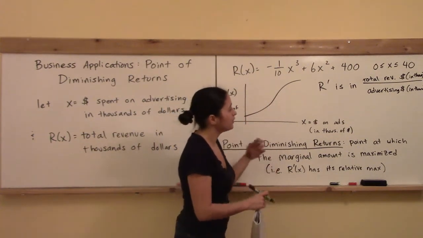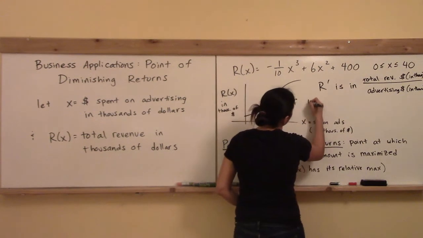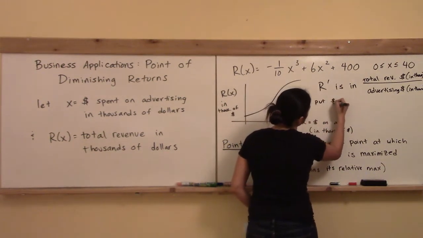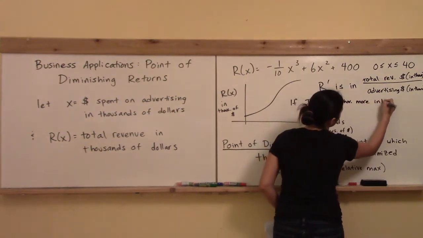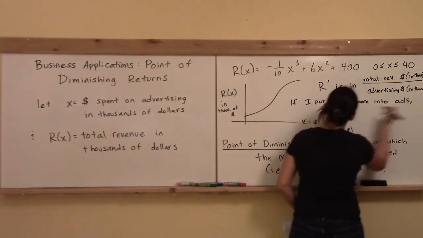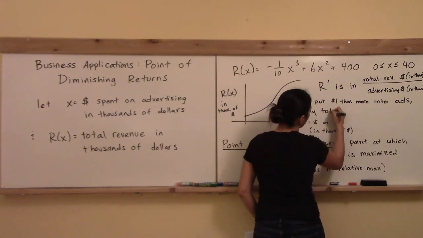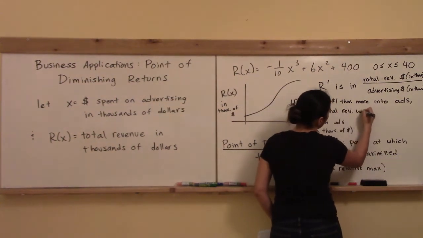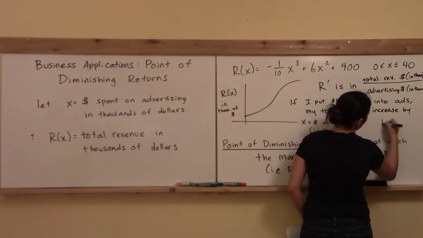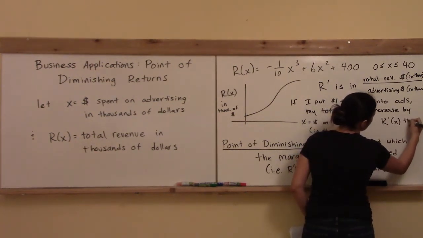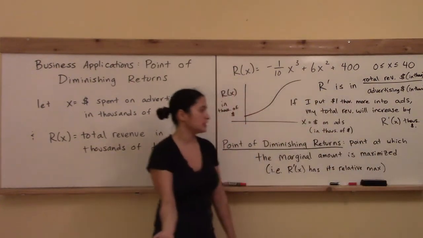So if I put 1,000 more into my ads, then my total revenue will increase by r prime of x, $1,000.